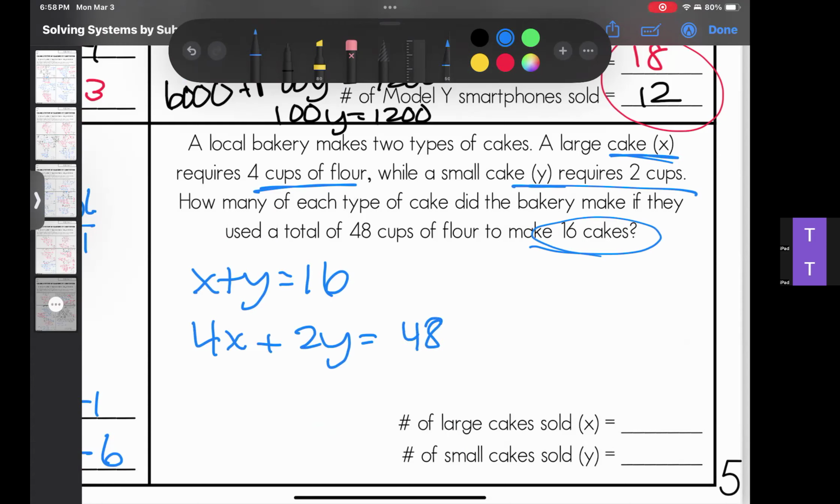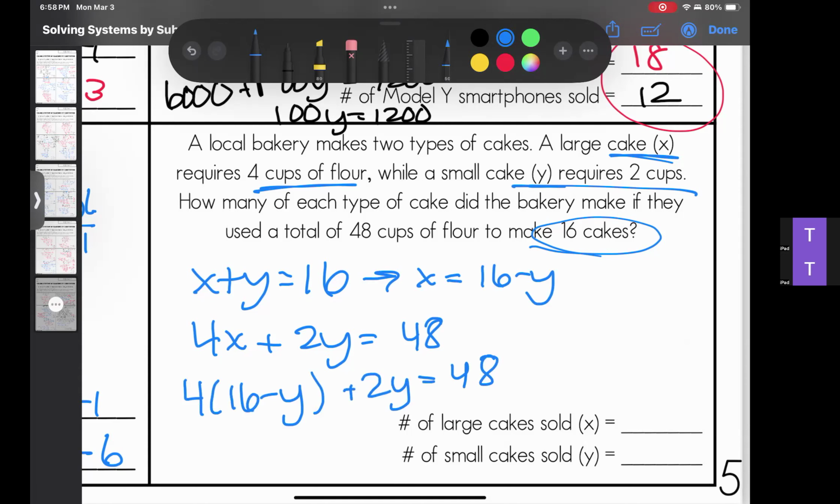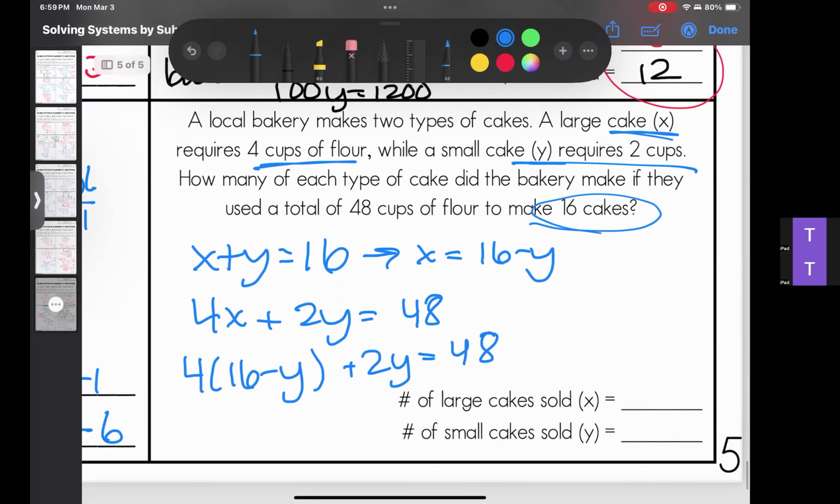So let's kick our Y first. 16 minus Y. And then let's do 4 times 16 minus Y plus 2Y is equal to 48. 16 times 4 is going to be 64 minus 4Y plus 2Y equals 48. 64 minus 2Y equals 48.